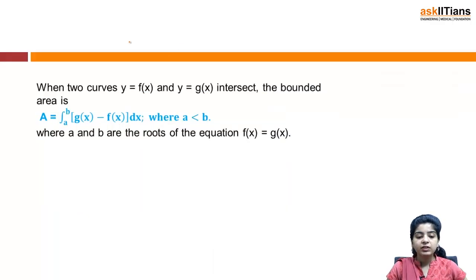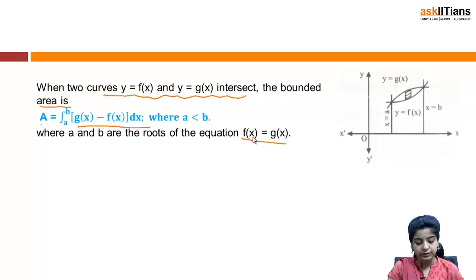Next thing that we have is when two curves y equal to fx and y equal to gx intersect, the bounded area is A equal to integral a to b of gx minus fx dx, where a is less than b and a and b are the roots of the equation fx equal to gx. Now see, suppose we have two curves, y equal to gx and y equal to fx, and they are intersecting.